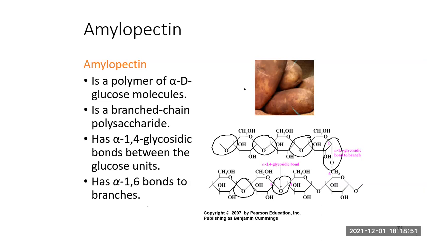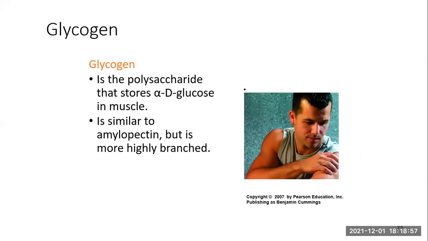Now, another form of this is glycogen, which is basically when we take sugar in, we store it in our muscles as this, so we could later break it back down through a process known as gluconeogenesis. Glycogen is a polysaccharide that stores alpha D glucose.